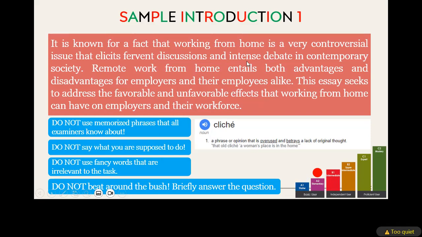It's something memorized, phrases put in the introduction that do not serve the purpose. I did not understand what you're going to do. You did not paraphrase the prompt and you did not answer the question. So I will give you a very low score.